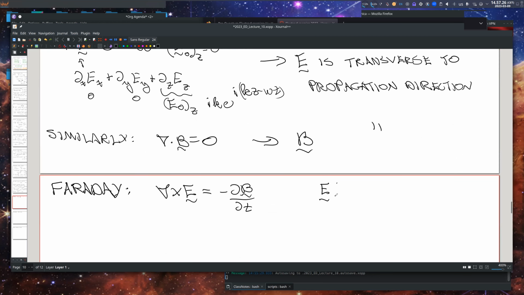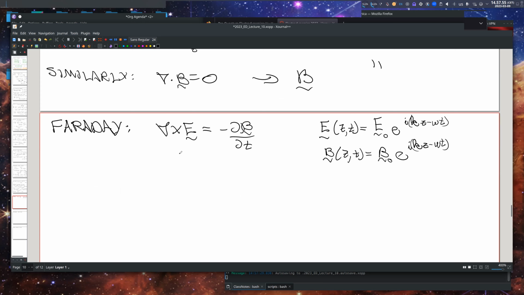So now we have E of z and t is just this E0 e to the i(kz minus omega t), and then the B of z and t again has this B0 e to the i(kz minus omega t).